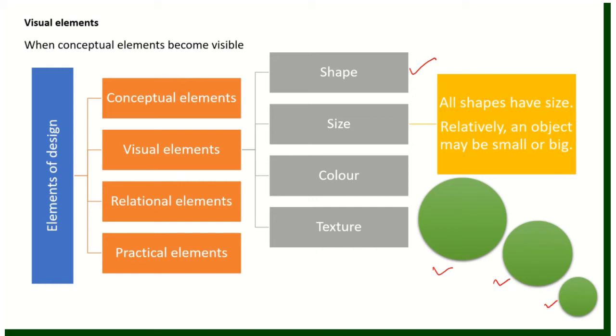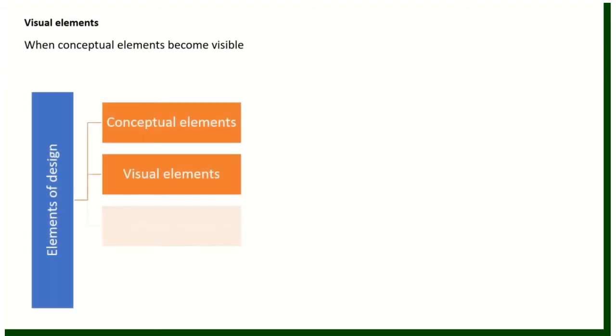If you consider the second circle, then the first circle is bigger than the second circle, and the third circle is smaller than the second circle. We can say this according to its size. If some relation or reference is there, then we can identify whether this is of a small size or a bigger size.